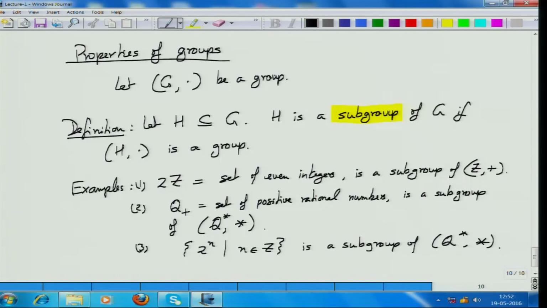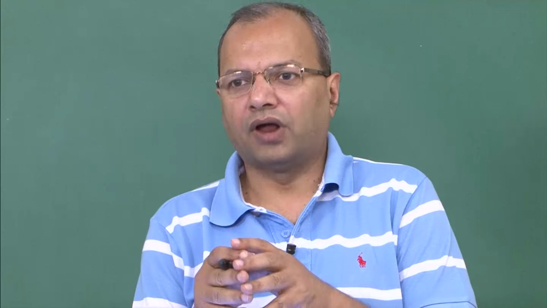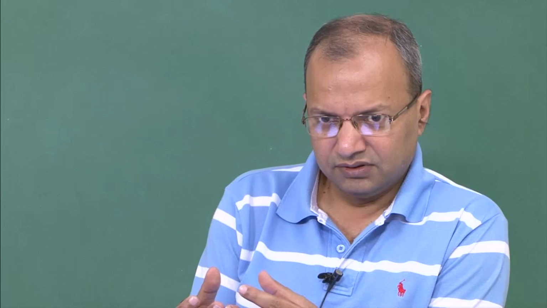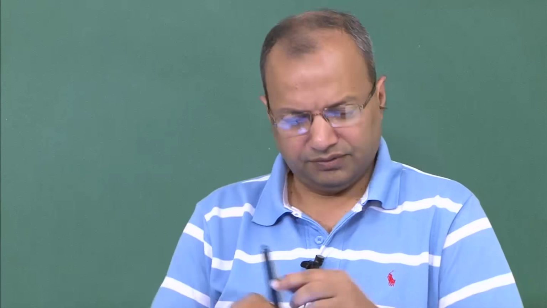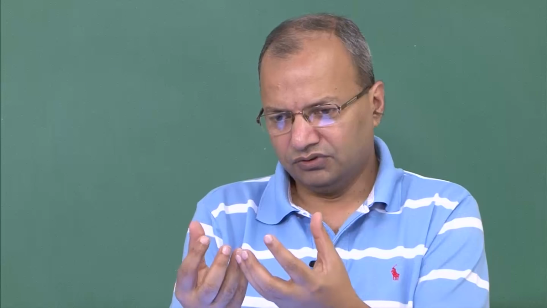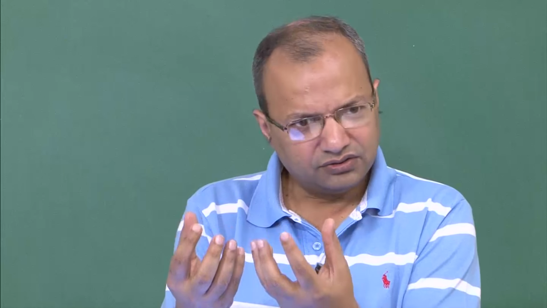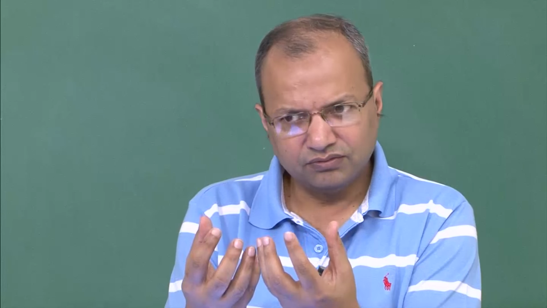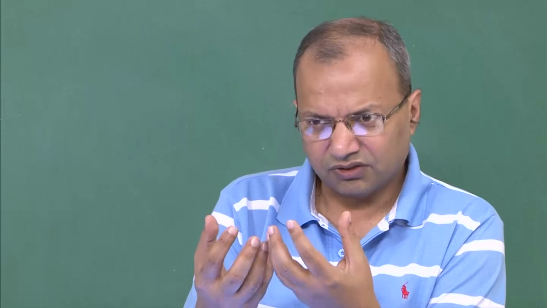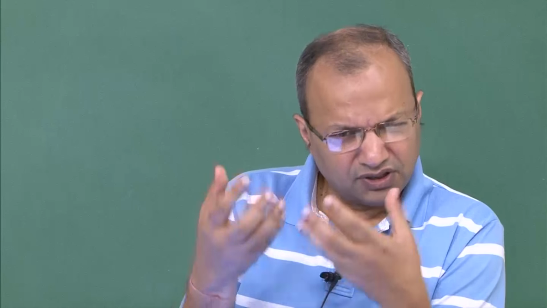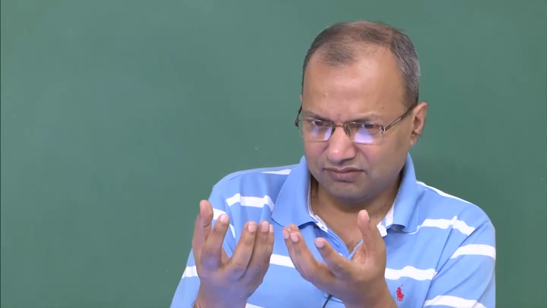So, subgroups of a group tell us a lot about the structure of that group. In fact, there is one very important way of writing a group in terms of its subgroups. Just imagine the following. You have a group, you identify a collection of subgroups of that group. Each subgroup is in a sense smaller than the group itself.